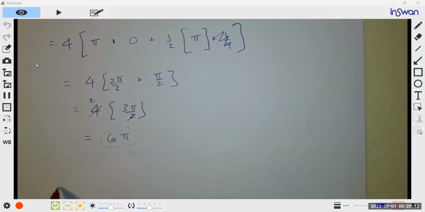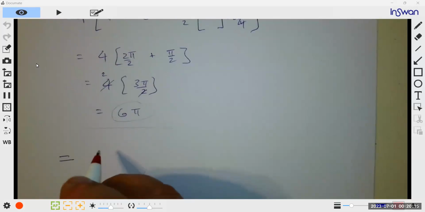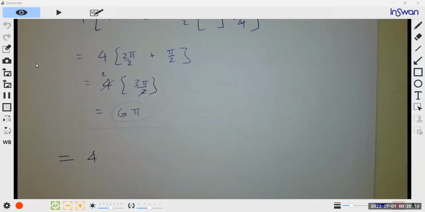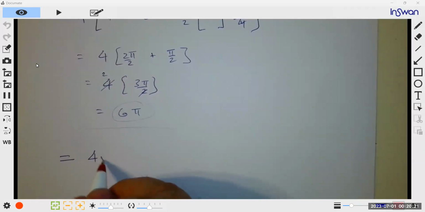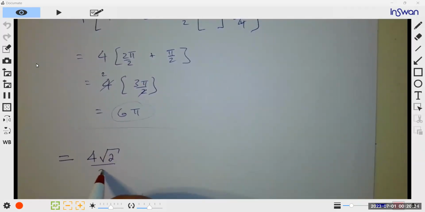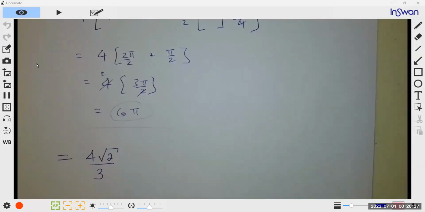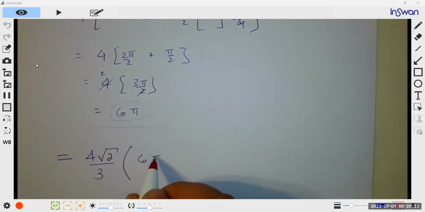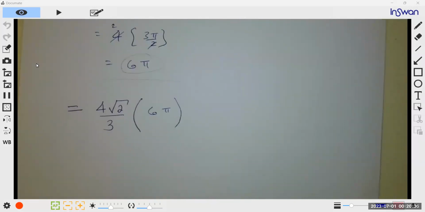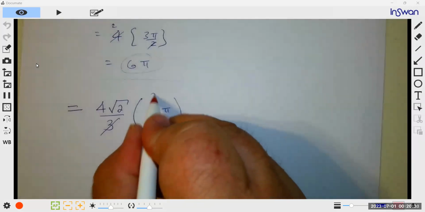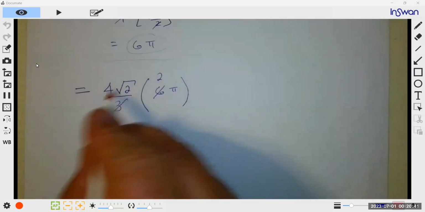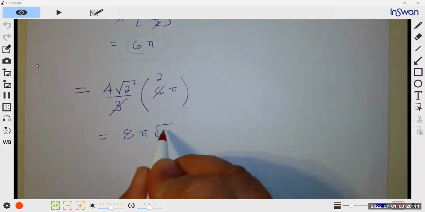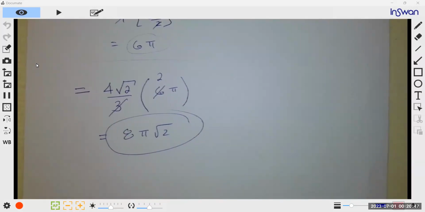Plus our coefficient earlier was what? 4 radical 2 over 3, I believe. Yeah, 4 radical 2 over 3 times 6 pi. 3 cancels a 6. So we have 2 times 4 is 8 pi radical 2. Yay. I am sorry about the brain fart earlier. All right. Good luck, everybody.